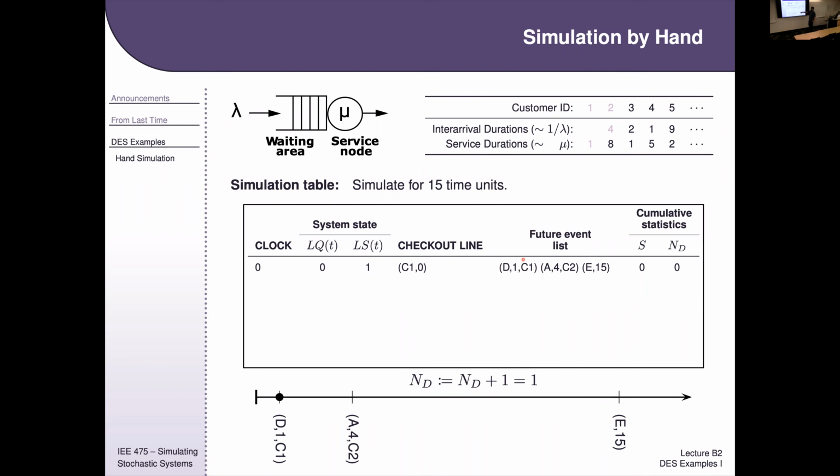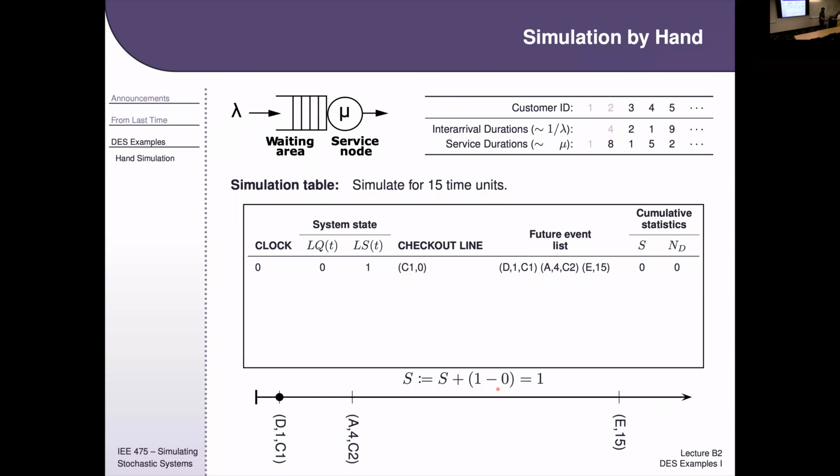Because it's a departure, my first step is to increment the number of departures. So I'm going to take whatever it was in the previous row and add 1 to it. And the cumulative response time is whatever it was in the previous row, and I'm going to add the response time for this customer. Well, I'm currently at time 1. The customer arrived at time 0. So they spent a total of 1 minute in the system.